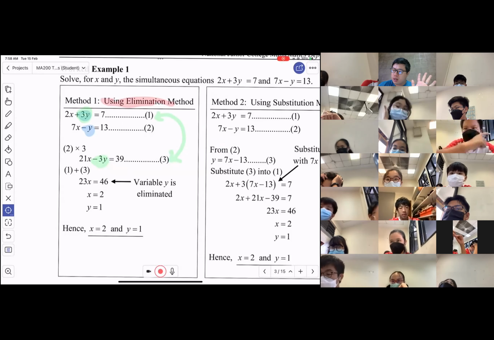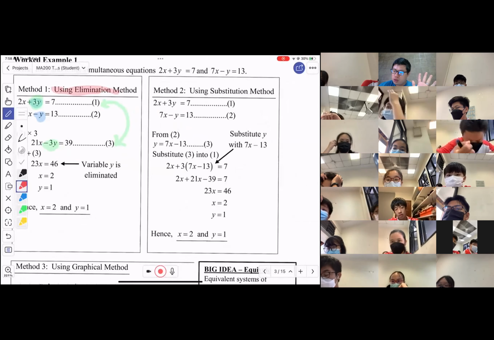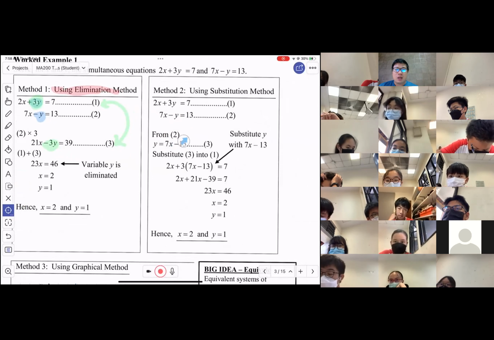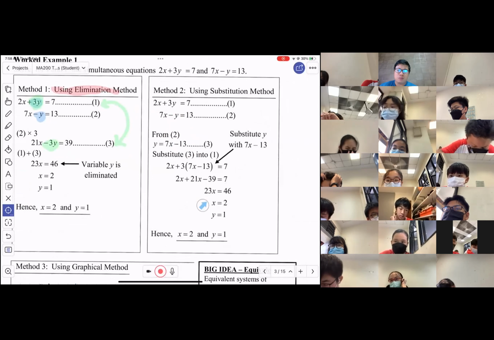Whereas for substitution, which is what I showed earlier, you take one of the equations and make one variable in terms of the other. So y equals 7x minus 13. You substitute it into the other equation, and then solve. So that is substitution.